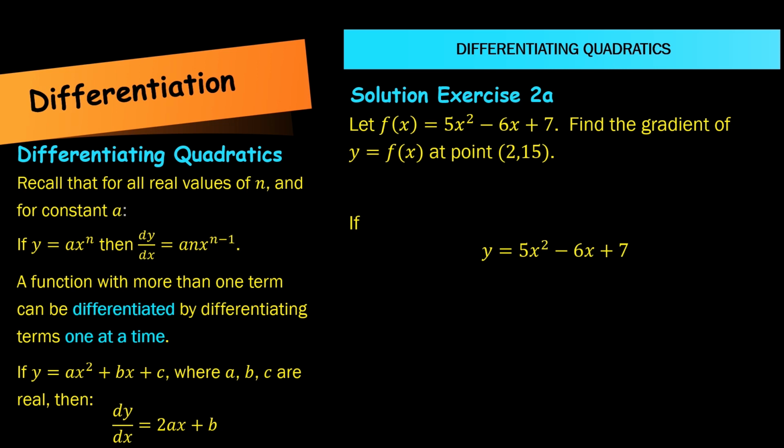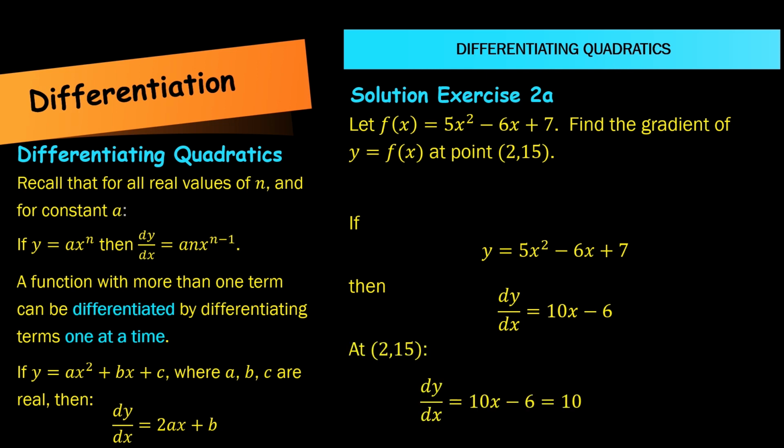So if y equals our given quadratic, then dy dx equals 10x minus 6. Here's our quadratic, and here's dy dx. So each term has been differentiated. And we've simply plugged in the values of a, b, and c into our formula.